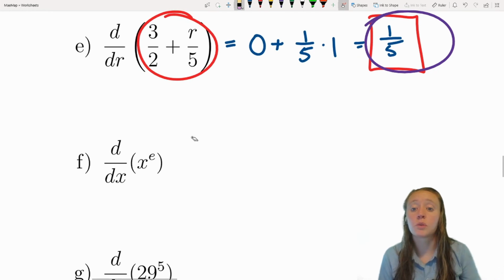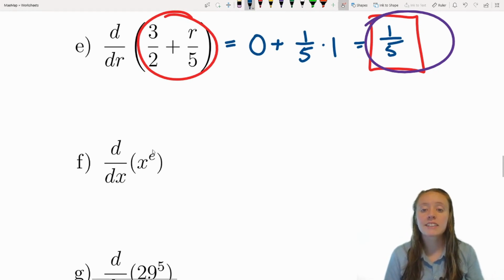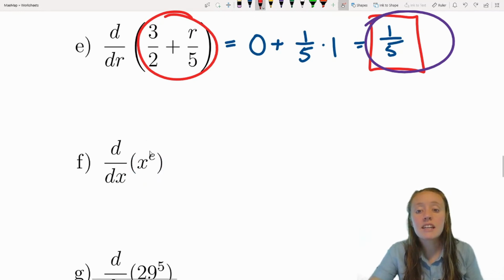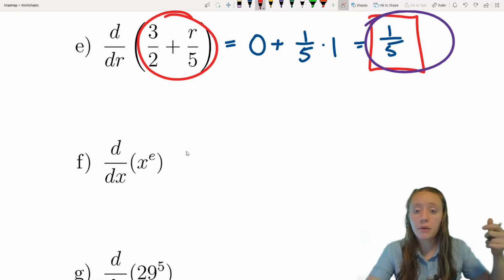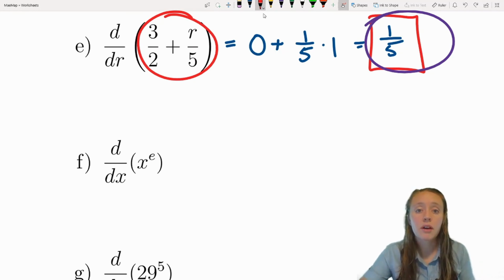Moving on to F, we have the derivative with respect to x of x to the e. Remember, e is in those real numbers. It's 2.718 and so on. So it's just some decimal. But we treat it the same way with the power rule.